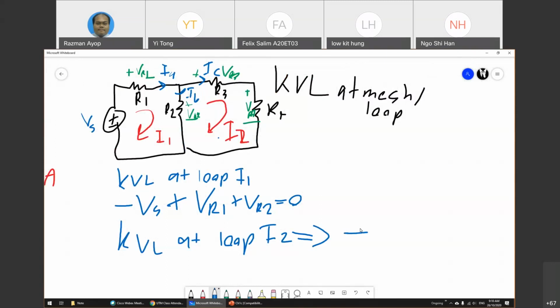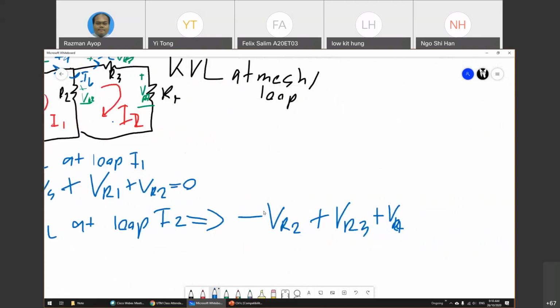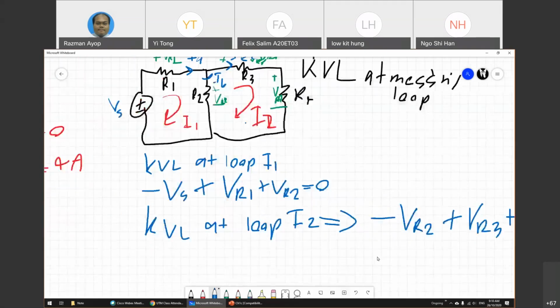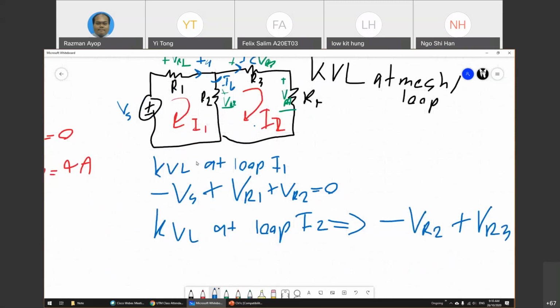So negative VR, then you meet the positive, plus VR3, then you round like this, then plus VR4, so equals to 0. So this is the Kirchhoff voltage law.